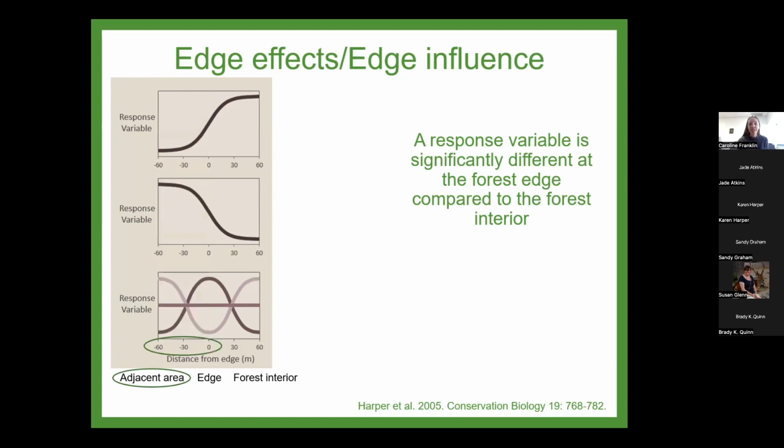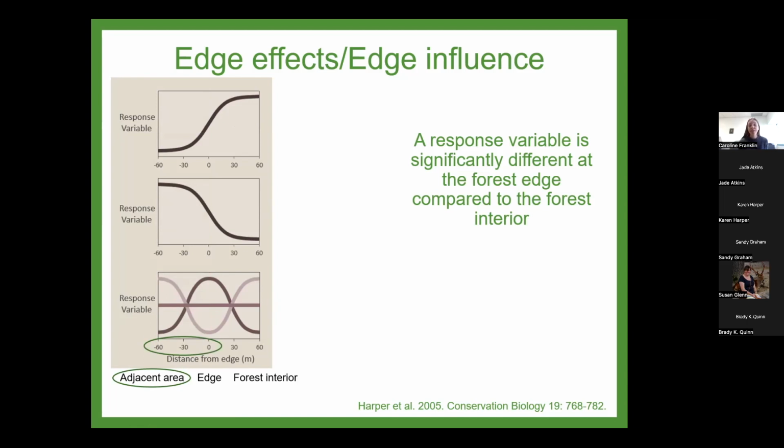But what's interesting to consider is we can actually consider how a response variable at the forest edge is affected by the adjacent area. So in this case, we can actually sample into the adjacent area, whatever that may be. So maybe it's a clear cut or an area that was disturbed by a wildfire. But whatever that adjacent area is, we can sample there too and compare the response variable at the edge to that adjacent area.